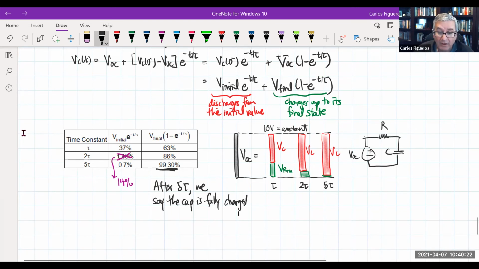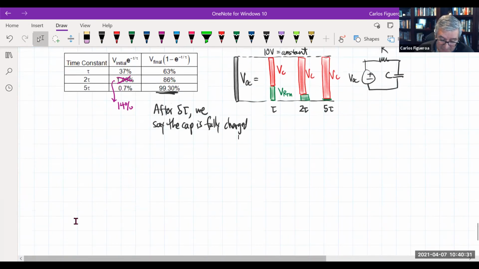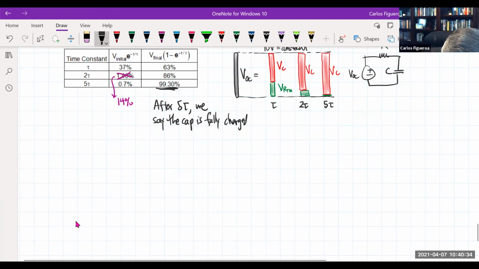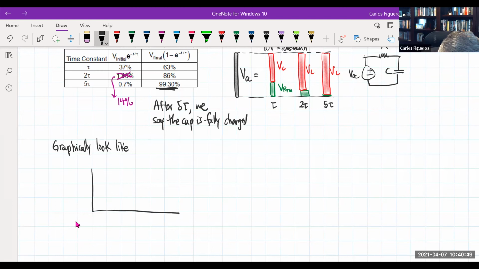So what I want to do now is, picture-wise, what does this RC constant mean? What we're seeing is something like this. What does it graphically look like? If I'm looking at a charging capacitor, so this is V of a cap that's charging, according to these values, exponential, you're seeing a curve that looks like this.